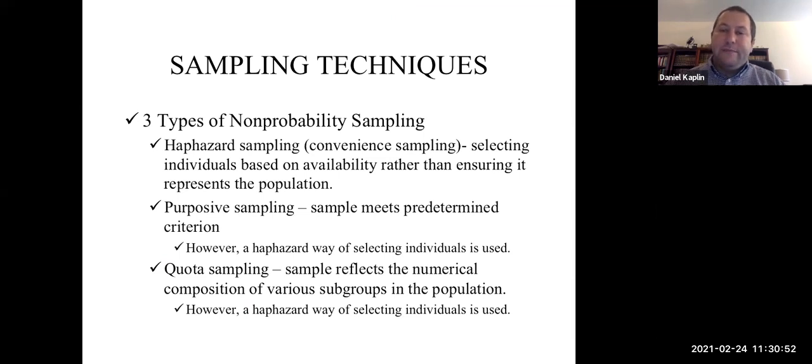Haphazard or convenience sampling is just taking volunteers, taking what we can get. So let's say you stood outside the library and you didn't go in and count all the people, but as people are coming out of the library, you say, hey, do you want to fill out a survey? And some people volunteer, some people say no.